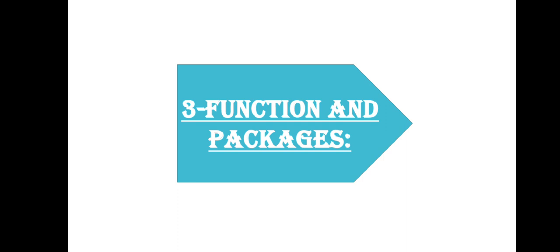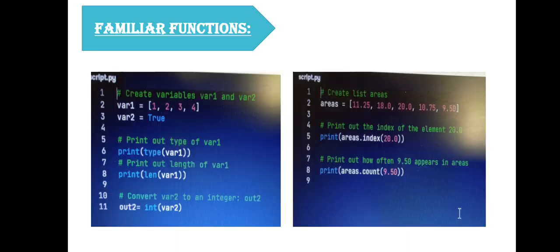In the next chapter, we will see about functions and packages. First is familiar functions, in which we create variable 1 and variable 2, where variable 1 is equal to 1, 2, 3 and 4, and variable 2 is equal to true. Then print out the type of variable 1 simply by typing print, type, variable 1 and close the bracket.